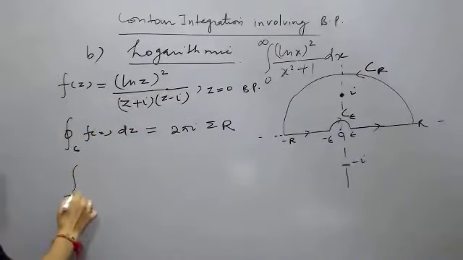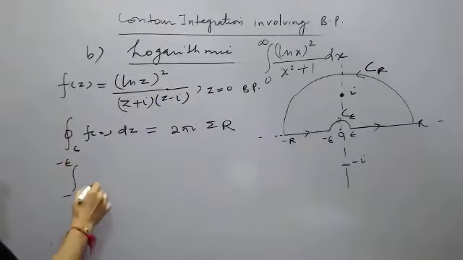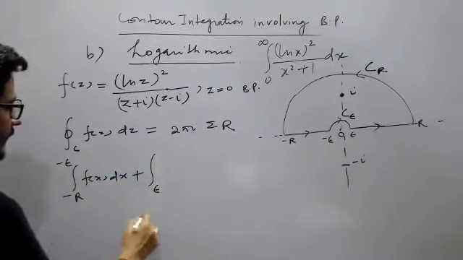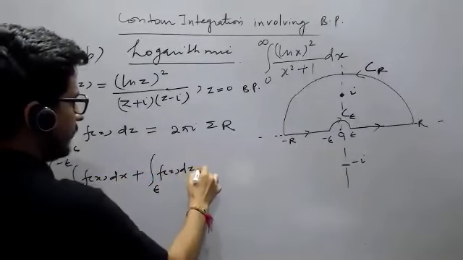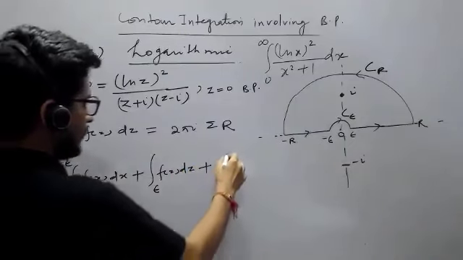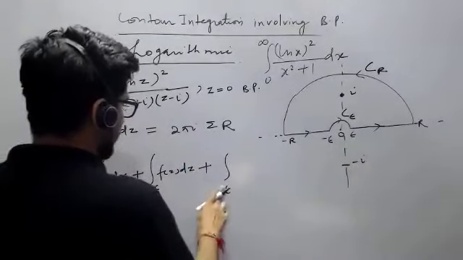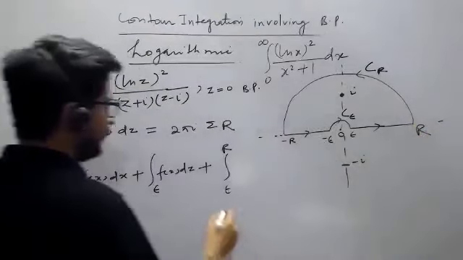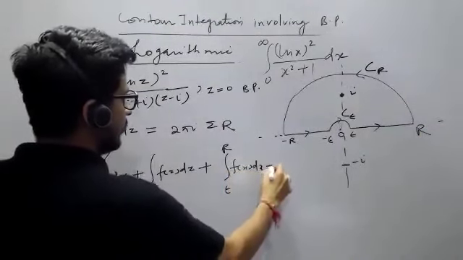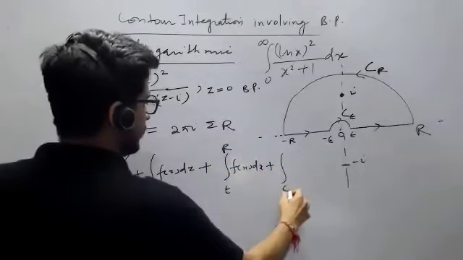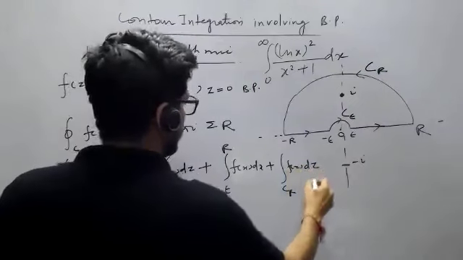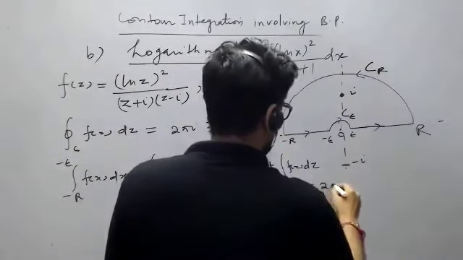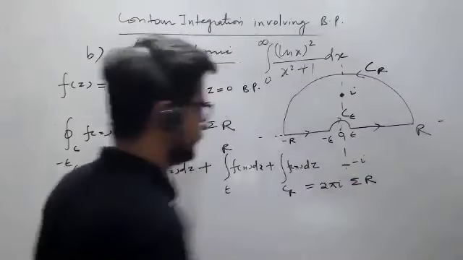And then I am writing integral from minus r to minus epsilon f x dx, plus integral over the small circle epsilon f z dz, plus integral from epsilon to r f x dx, plus integral over CR f z dz, is equal to 2 pi I sum of residues.